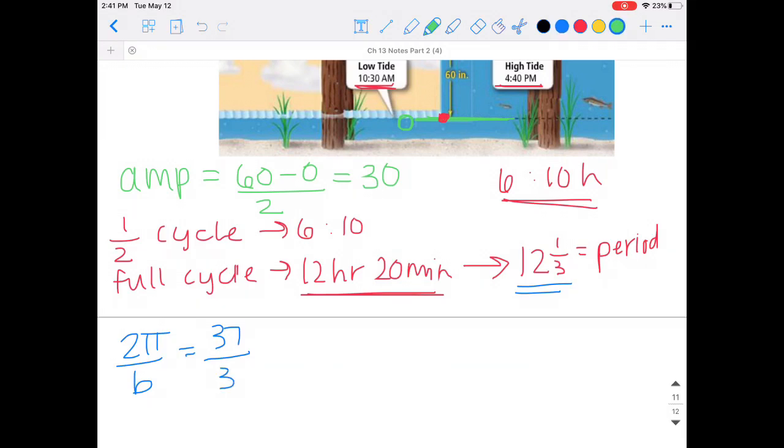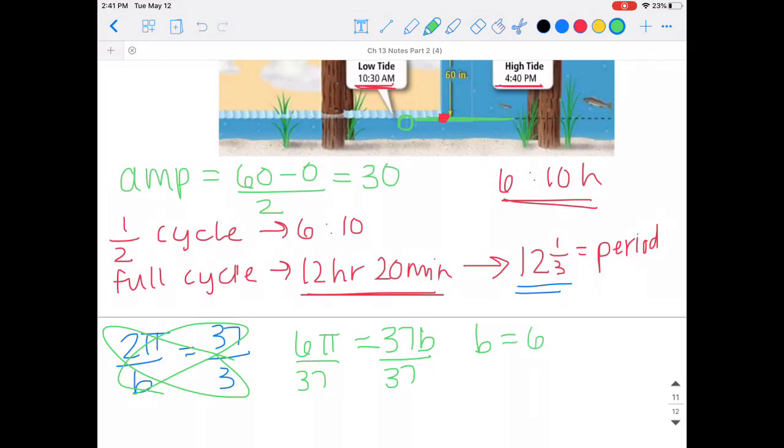Now to figure out our b value, we're going to cross multiply. So we have 6 pi equals 37b. Now to solve for b, we're just going to divide both sides by 37. So b equals 6 pi over 37. So now we have everything that we need to create our function. So our function is going to be y equals, our amplitude is 30, cosine of 6 pi over 37 theta.